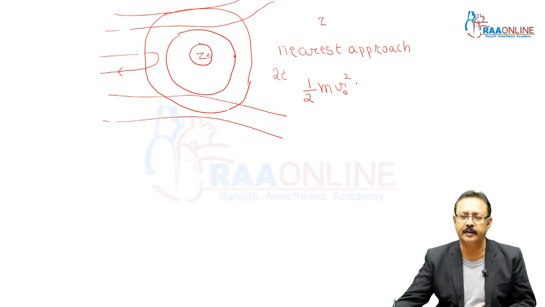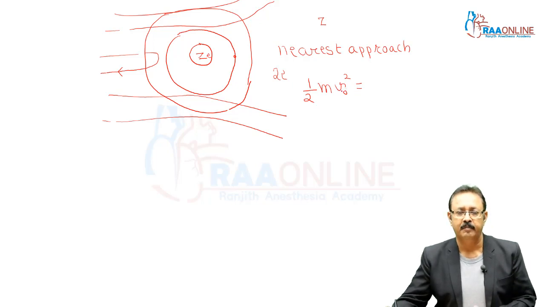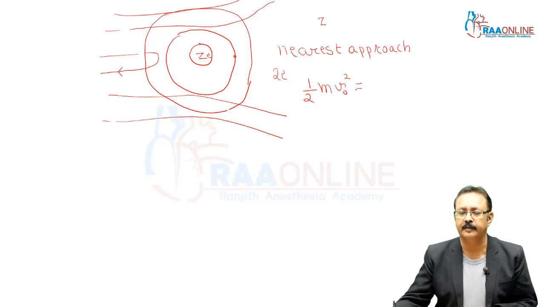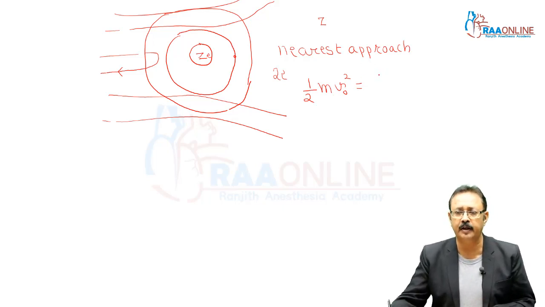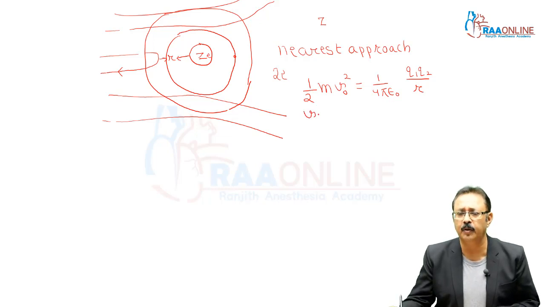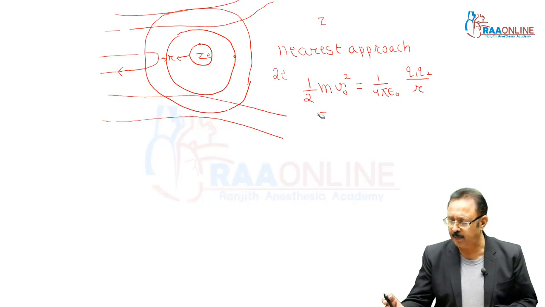When this whole energy is spent against the repulsive force, means whole energy is converted into potential energy, it will come back. So we know the formula for potential energy, 1 upon 4 pi epsilon naught Q1 Q2 by r. r is the nearest approach. So by this you are able to calculate the value of the nearest approach.